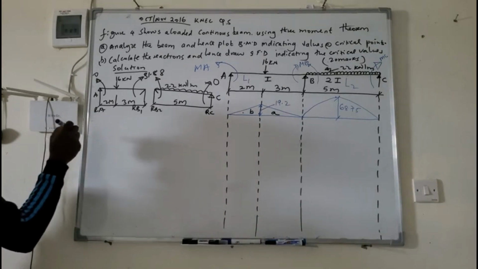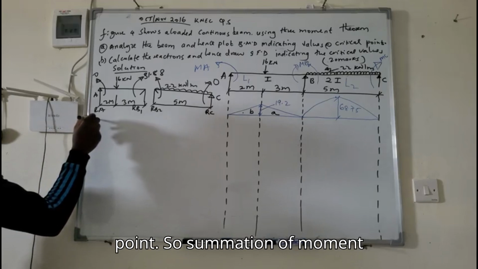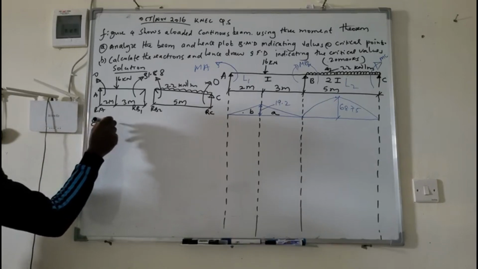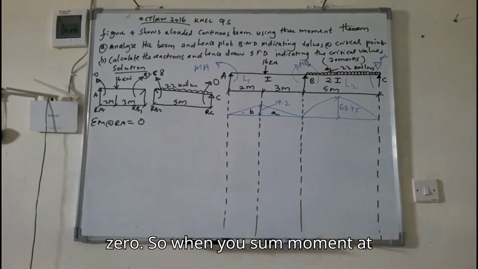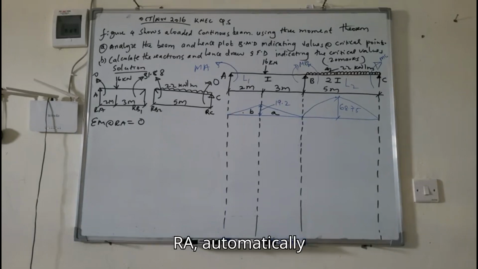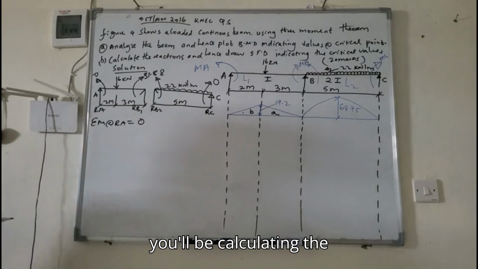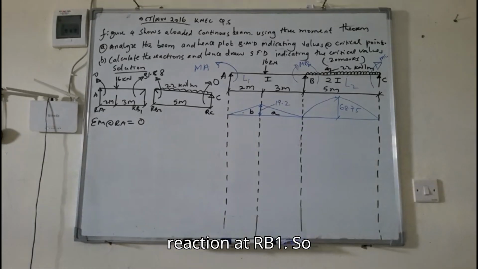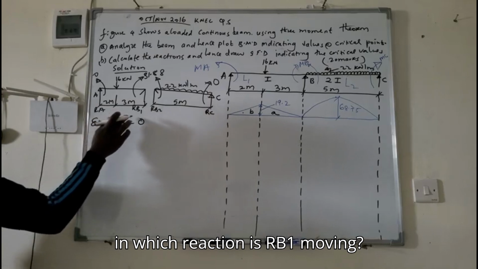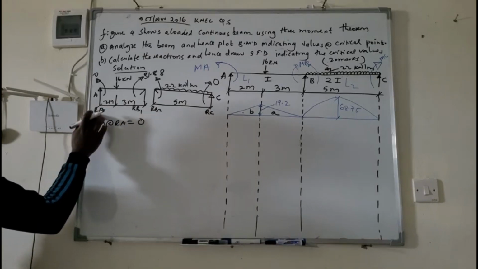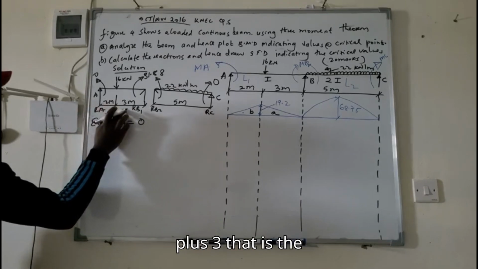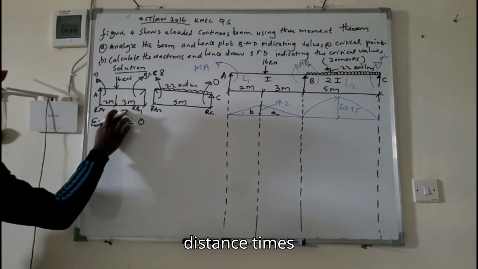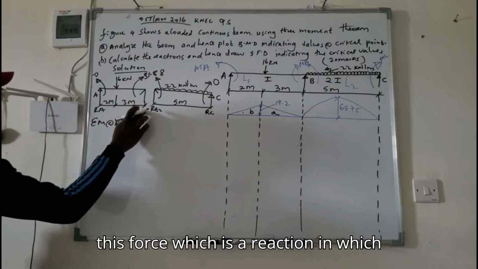So we start with this one. Let's begin by summing moment about a point. Summation of moment at RA is equal to 0. When you sum moment at RA, automatically you'll be calculating reaction at RB1. So in which direction is RB1 moving in reference to RA? It is 2 plus 3, that is the distance, times this force, which is a reaction.